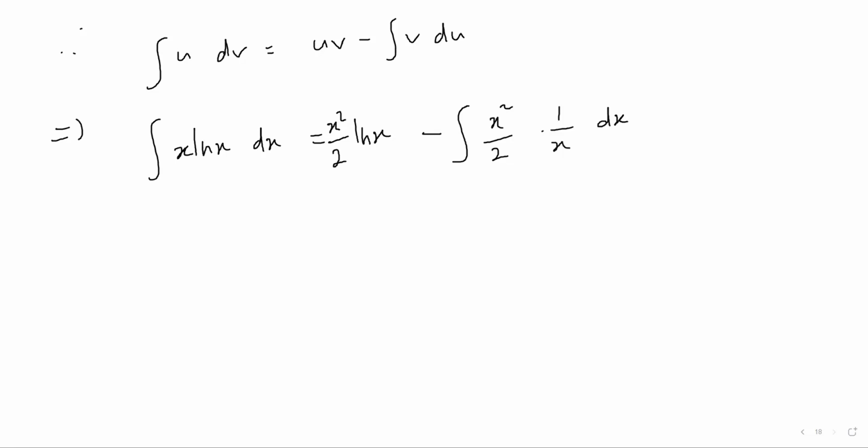So now you can see that the integral we have is a much simpler one. There's no ln in the integral. So now this is equal to x squared over 2 multiplied by ln x minus the integral. The two x's will cancel, and that'll leave you with x over 2 with respect to x.